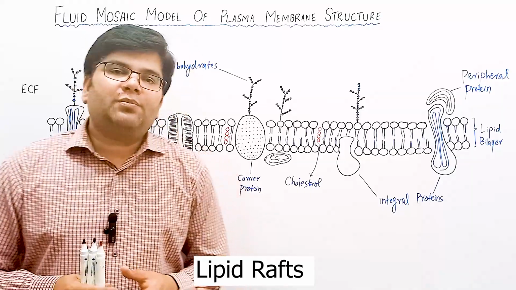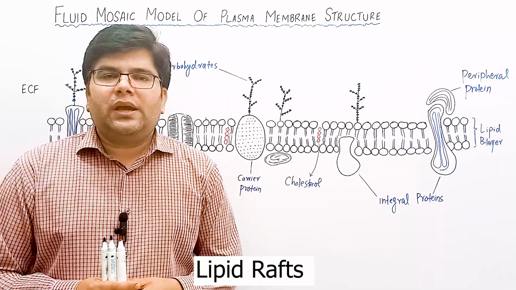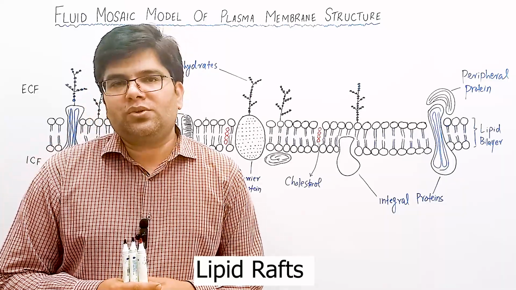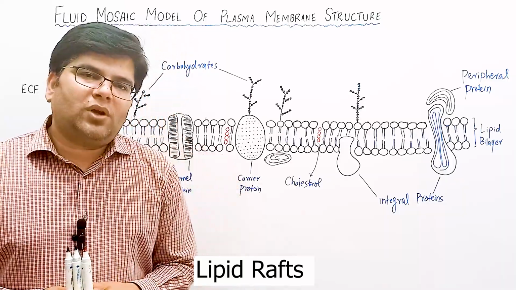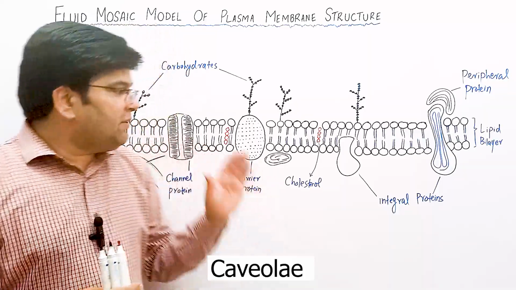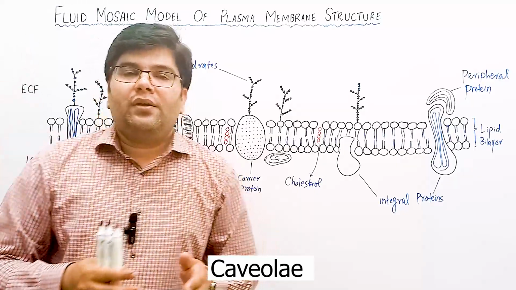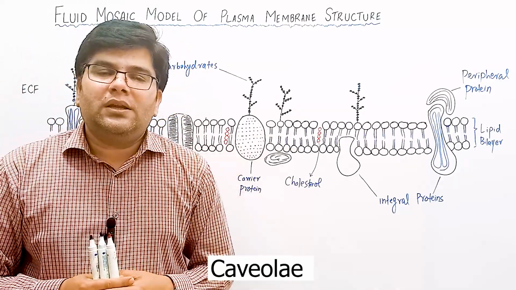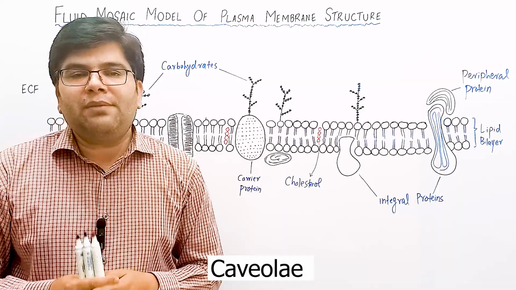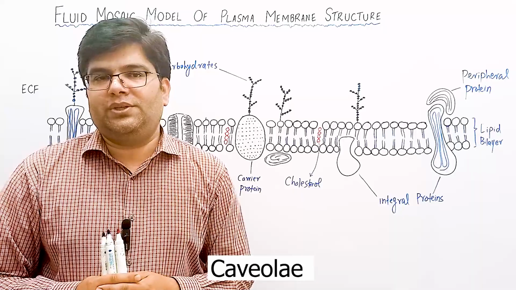For example, in the pancreatic acinar cells, such patches of membranes have abundant receptors for cholecystokinin hormone, which increases the production of pancreatic enzymes. These lipid rafts may be flat or may be indented like a cave. Then we call them caveolae. Caveolae are especially important in the cell membrane of smooth muscle fibers.